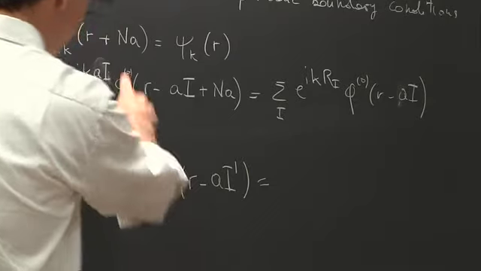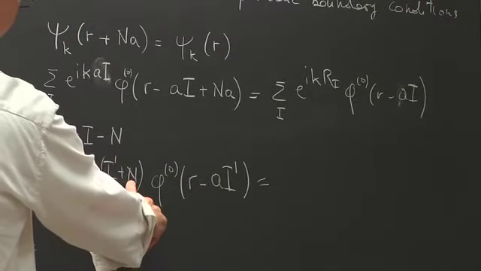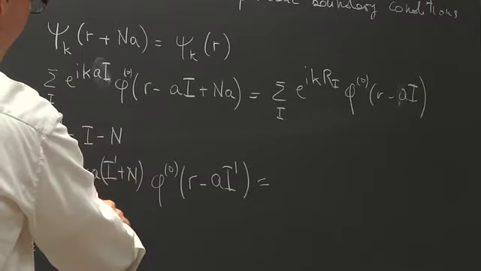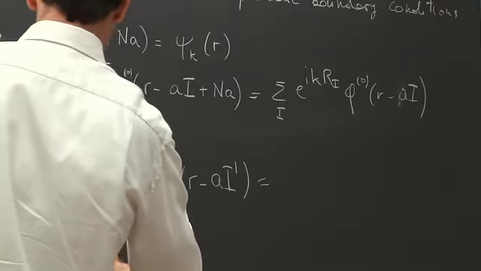I'm continuing to expand the left-hand side of the equation. I'm actually now taking out this n because this e to the i k a n is a constant, so I can take it out of the sum.